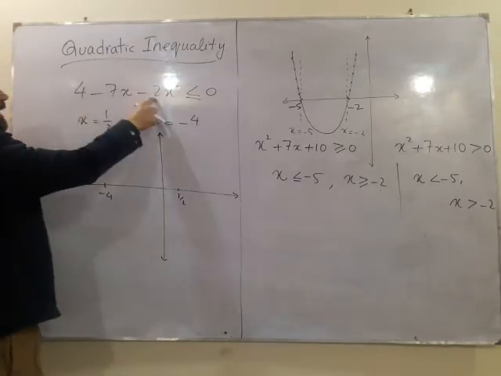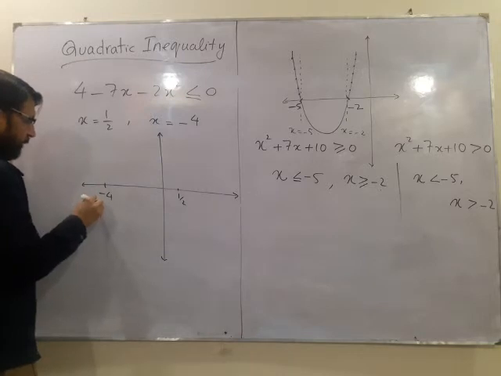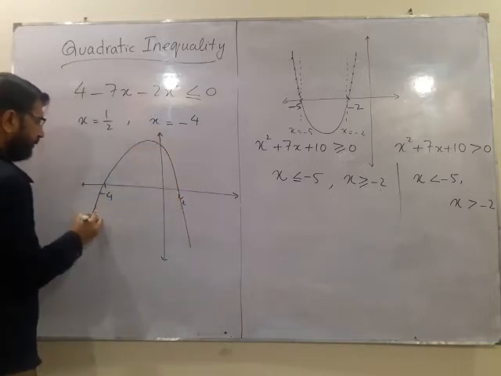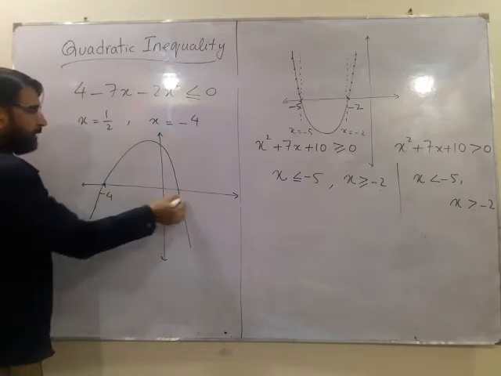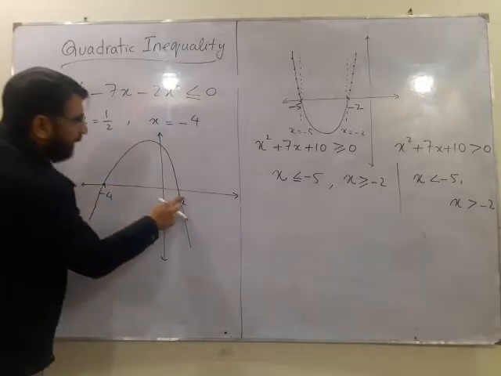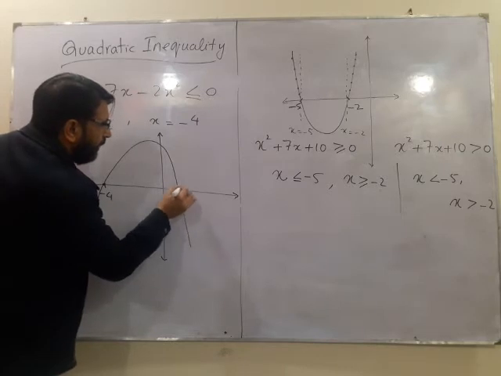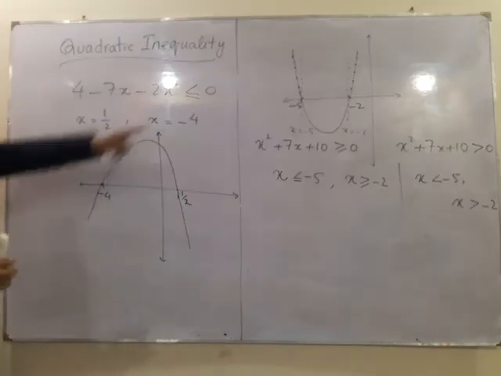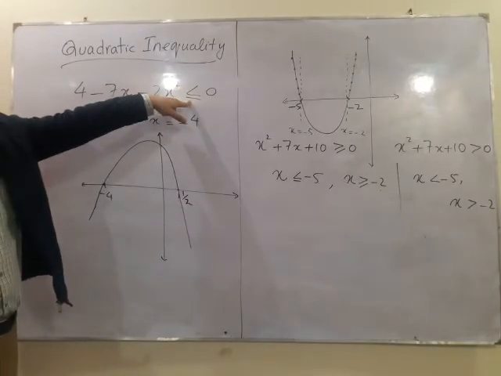So since this is negative, the curve is going to be like this, passing through minus 4 and 1 by 2. Now we are actually looking for less than or equal to 0.